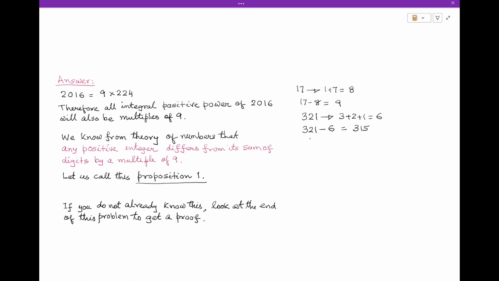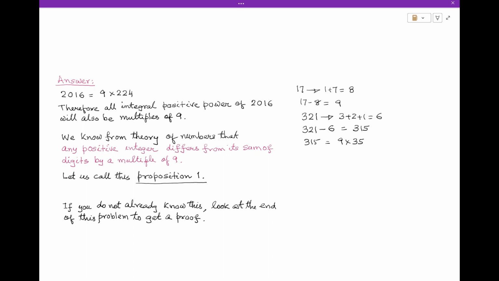Now 315 is a multiple of 9 because 315 is equal to 9 into 35. So in both these examples, the proposition bears out.